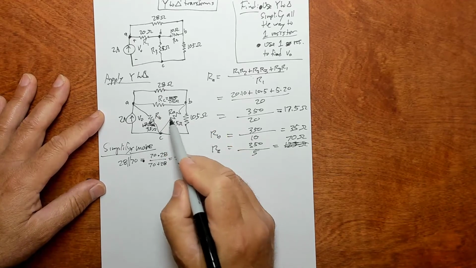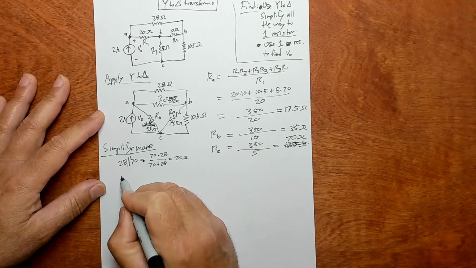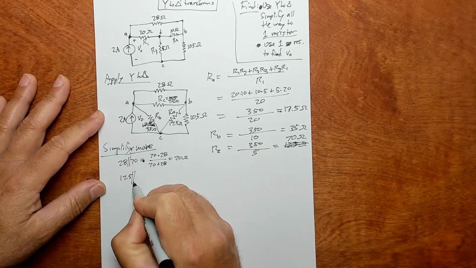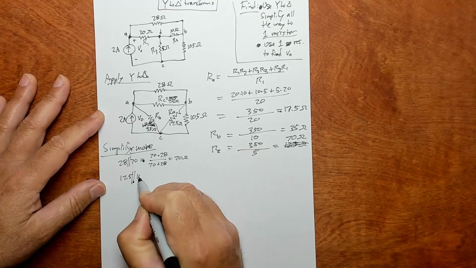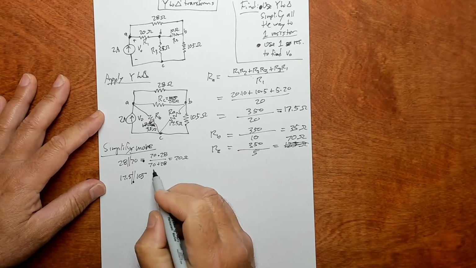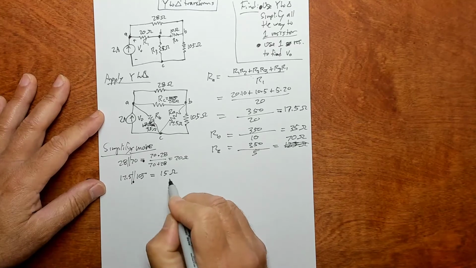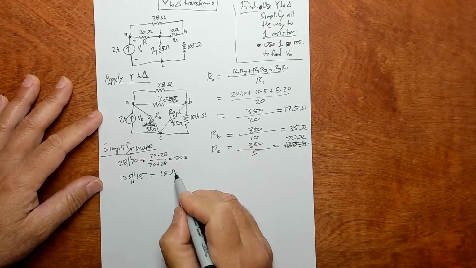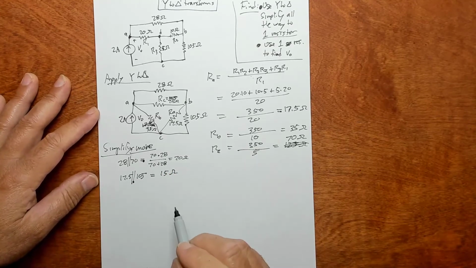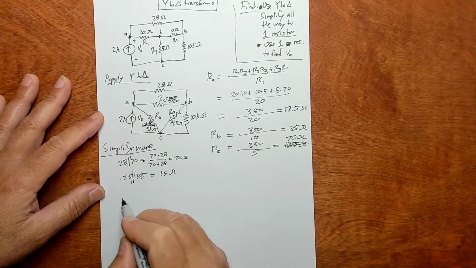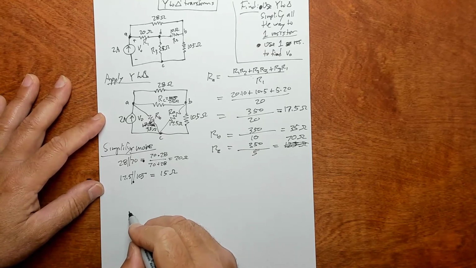Now these two guys over here are also in parallel. So that's 17.5 in parallel with 105. And that works out to 15 ohms, just skipping the steps here to get done quicker. Then you can redraw this thing after those two transforms, and you end up with this.